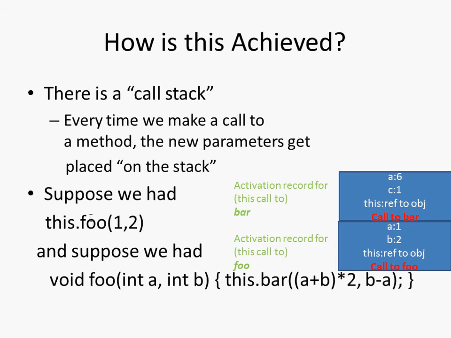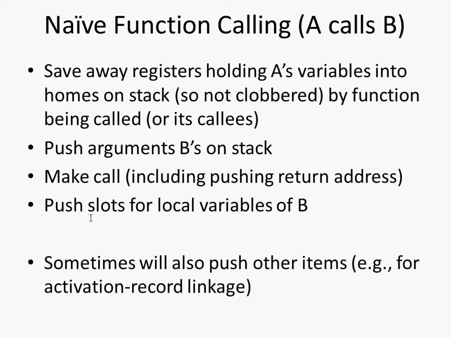I don't know the number of times I've had to look at activation records in C++ to debug some issue. So this is not airy-fairy stuff. This is like where the rubber meets the road for certain types of debugging. And if you want to be really skilled in understanding why your performance is lousy and how to improve it, this can be really useful too. And we're going to get to that soon.